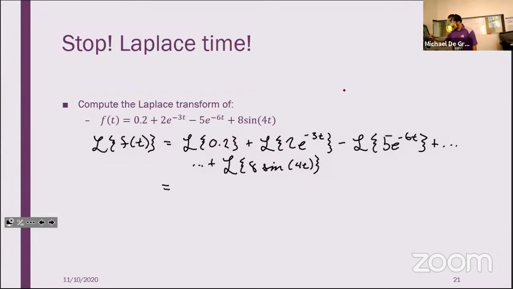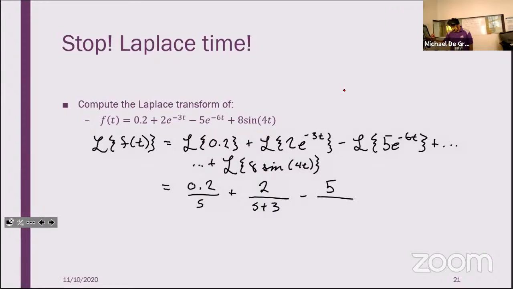So if we do that, the Laplace transform of a constant from our table is just going to be that constant times 1 over s, plus the Laplace transform of 2 times e to the negative 3t. Well, that's an exponential that's multiplied by 2, and an exponential is 1 over s plus a times 2, where a is 3. I guess it's s minus a. Right? Anyway.